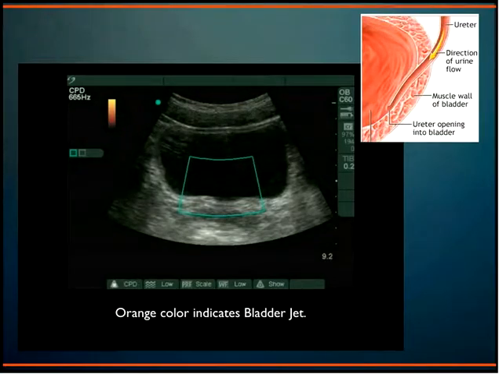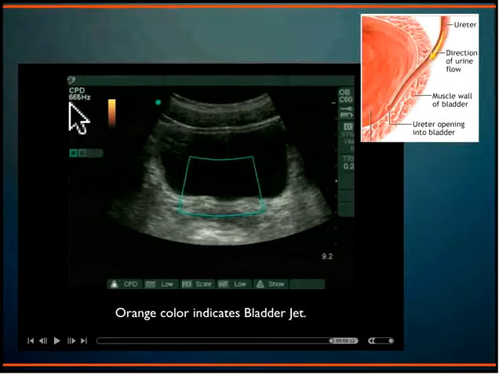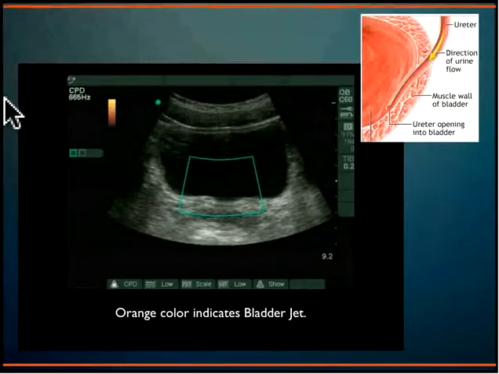The orange color indicates the bladder jet. This is using power flow Doppler, and note the low pulse repetition frequency in the 600s. This maximizes our sensitivity of the Doppler to pick up the urine jet.